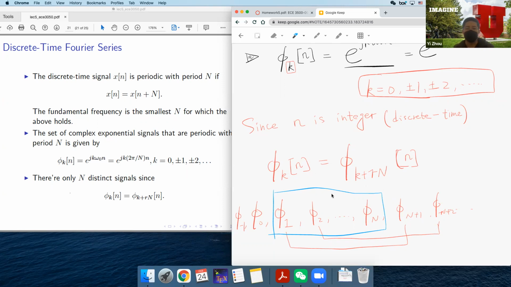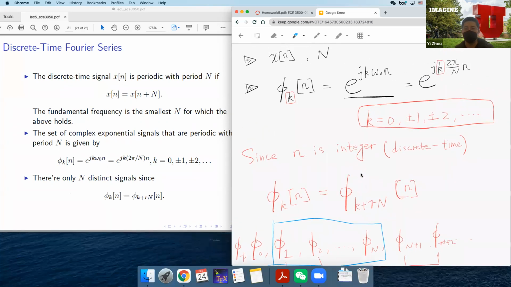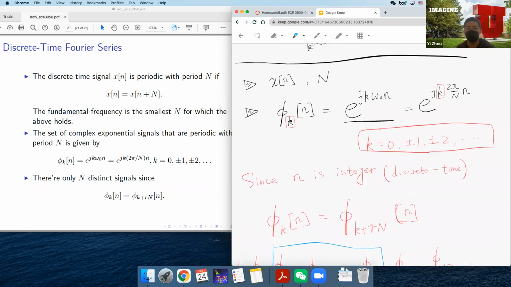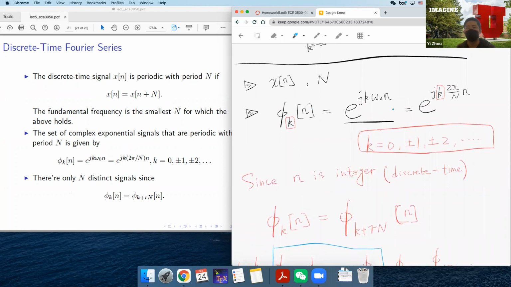And why is this true? We can prove this. We can consider phi_(k+rN). Following this equation, we just need to replace k by k plus rN.